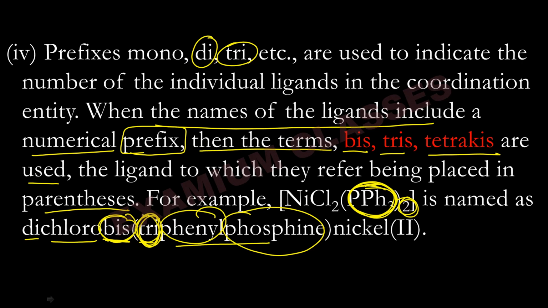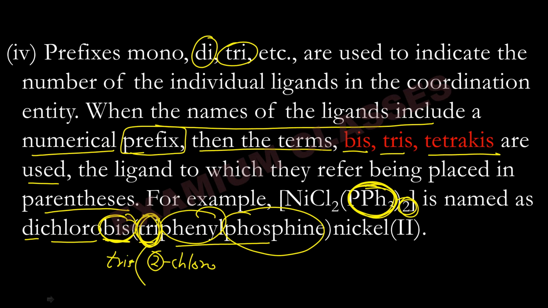Okay. And the same thing applies if here it is, for example, 2-chloro like this also. So if there is 2 here, then also you will not write di or tri outside the bracket. You will use bis or tris or tetrakis, whichever is applicable.